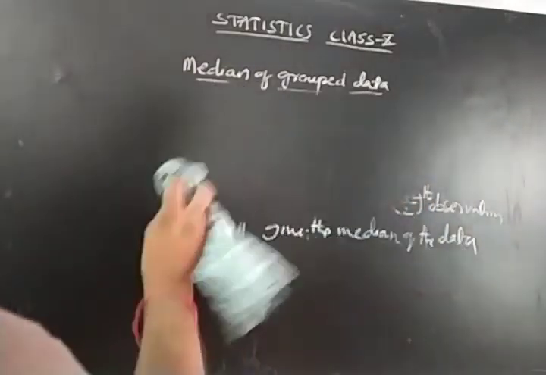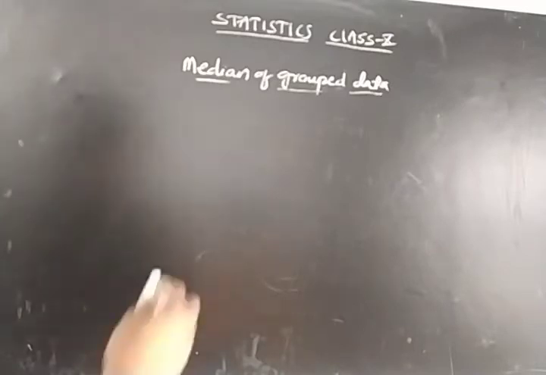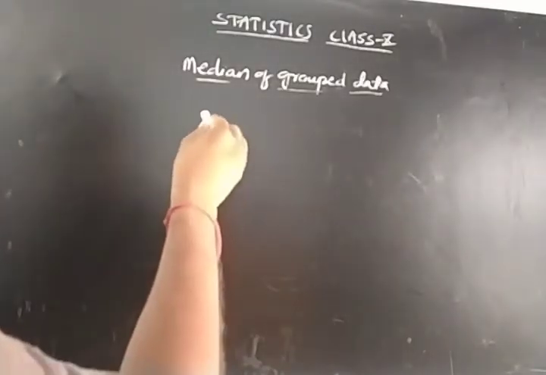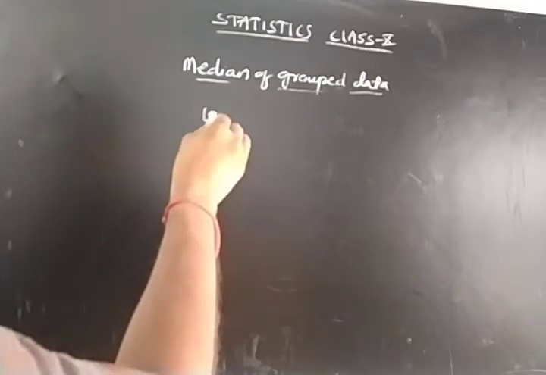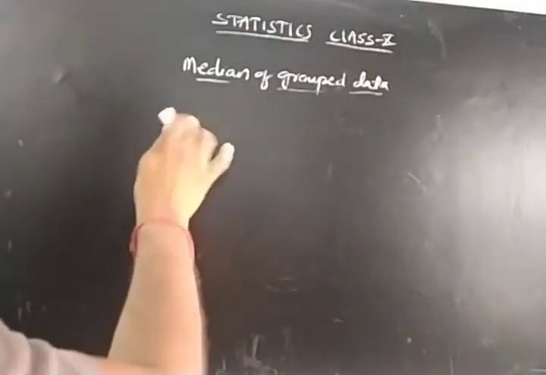Sometimes you may have the ungrouped data as observations and their frequencies. For example, let us consider one question.